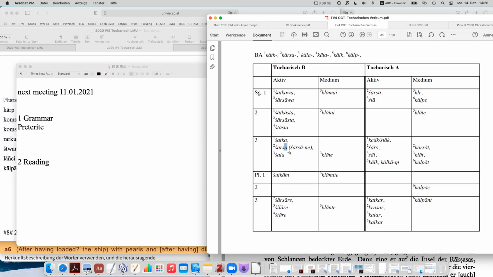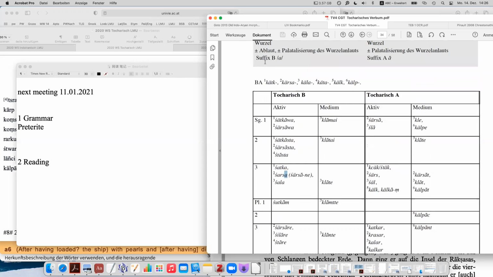Well, it's actually not an ending; it goes back to the suffix A. Originally the third person singular in the preterite should have an ending t, but the t was dropped. So that's why we have sharsha here, only a suffix.